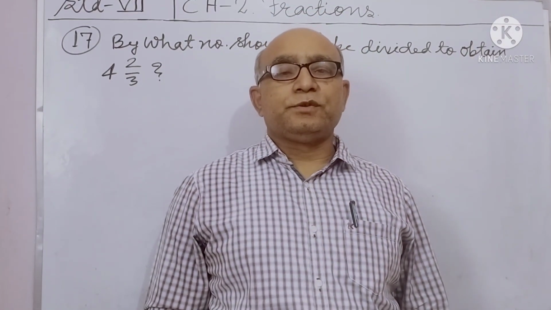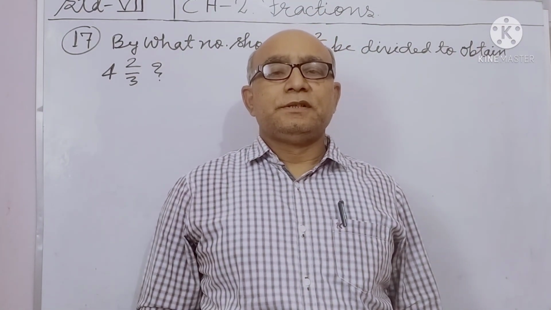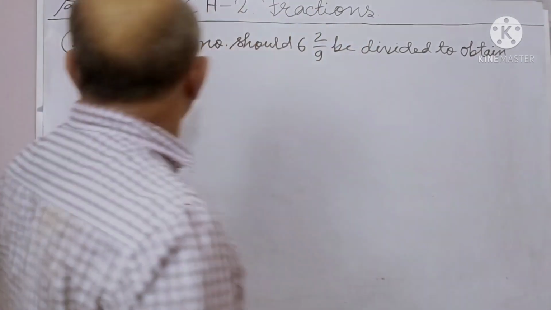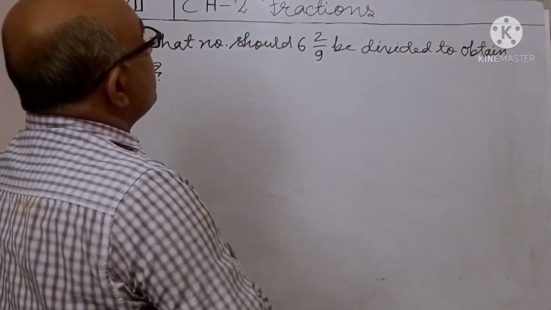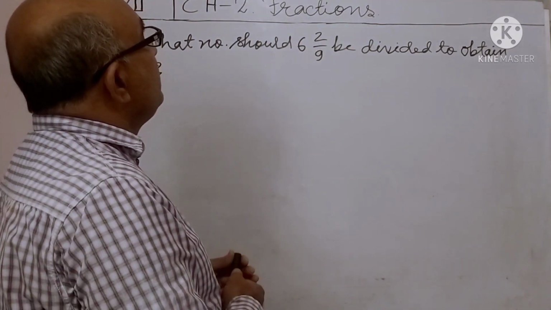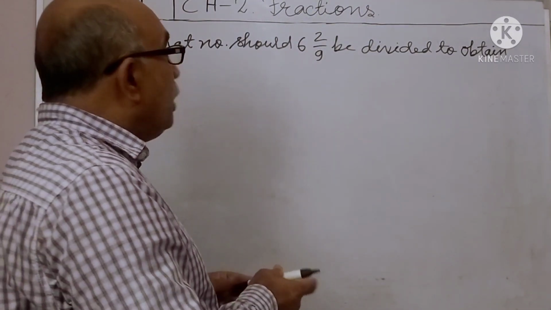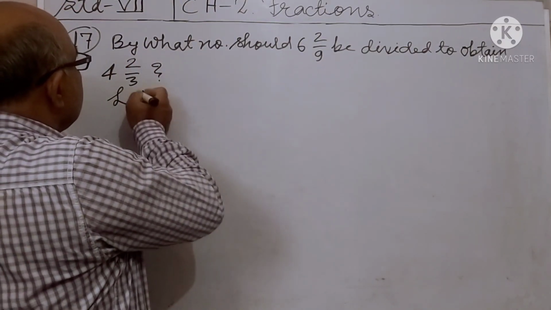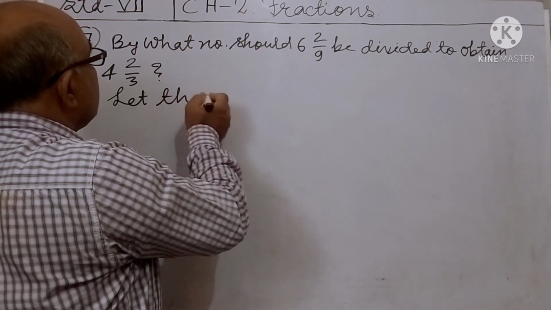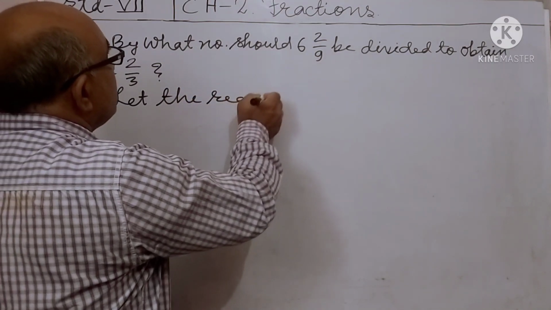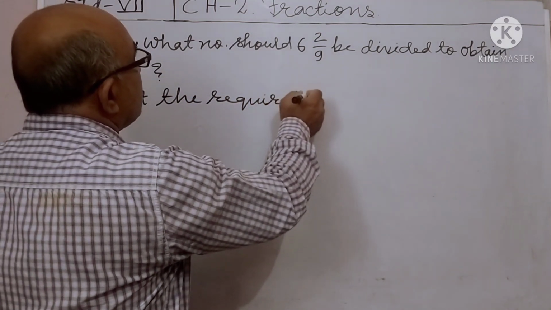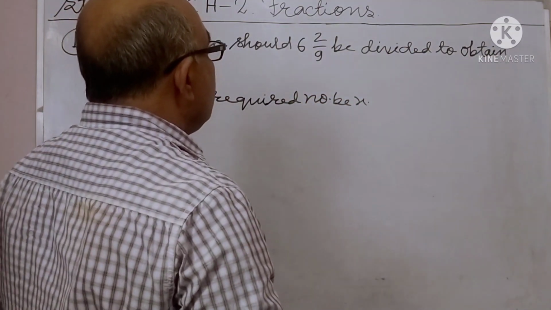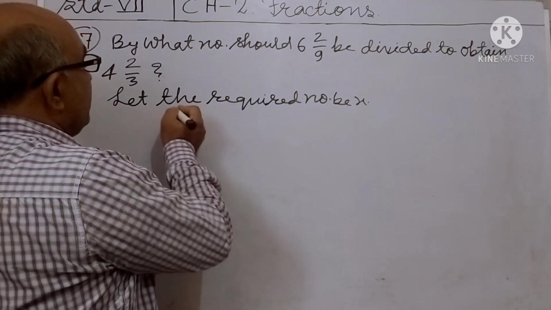Students, next question is question number 17 of exercise 2C. In this question, by what number should 6 whole 2 by 9 be divided to obtain 4 whole 2 by 3? Let the required number be x.